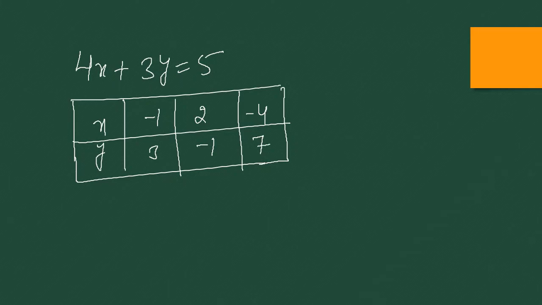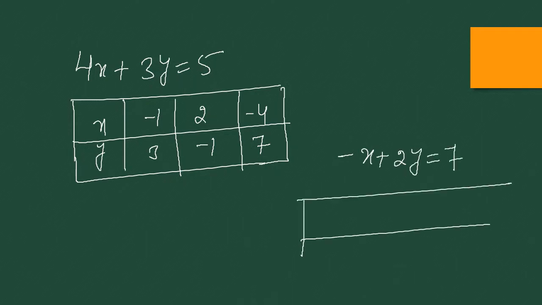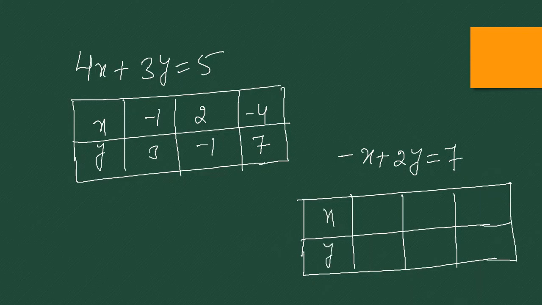Similarly, for the second equation, minus x plus 2y equal to 7, how many values did we find? First pair, I took the same -1, so 3, and second I took x as 1, so it was 4, and I found (3, 5).